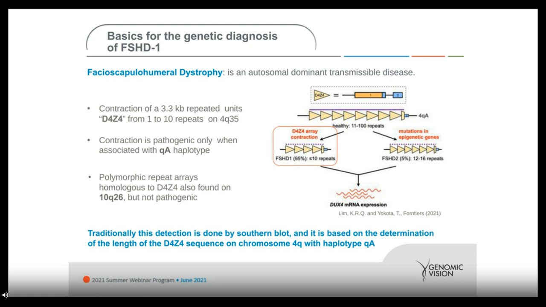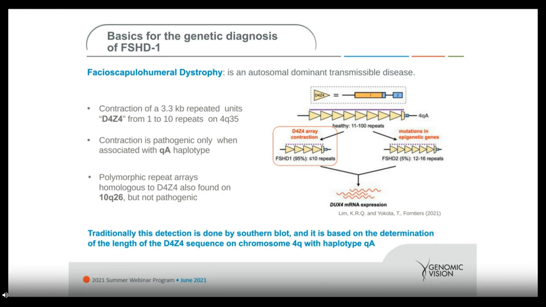So with Genomic Vision, we focus on FSHD1, on the repeat contractions of a specific sequence called D4Z4, in order to understand how many units of this D4Z4 are contracted in the patient.